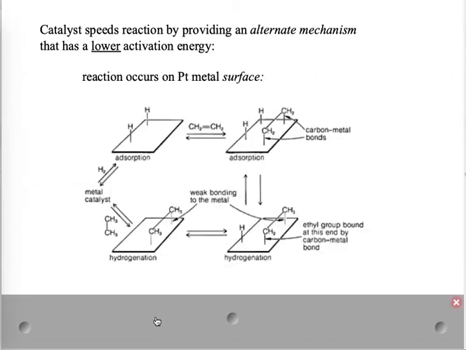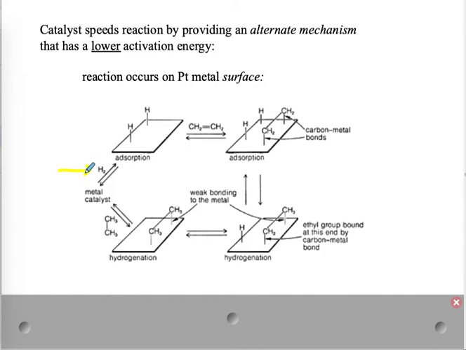So if I start over here, we can see that a hydrogen molecule comes down onto the surface of the platinum, as illustrated by that rectangular thing, and adsorption occurs. Essentially, the hydrogen-hydrogen bond breaks quite rapidly and quite completely, and the two hydrogen atoms bond to the surface of the platinum.